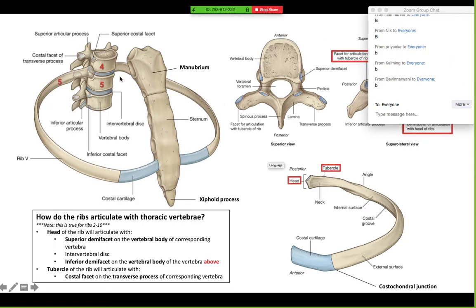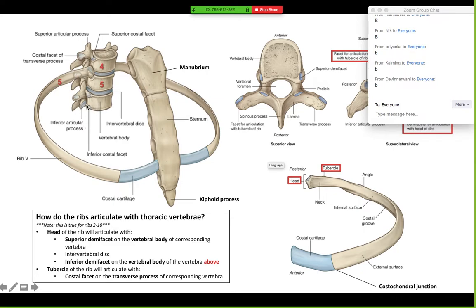Okay, so on this slide, two big things to know here. First, this picture: you want to be able to describe each rib's articulation with the thoracic vertebra. Of course, this is Dr. Hermes' picture. She uses rib 5 as an example.